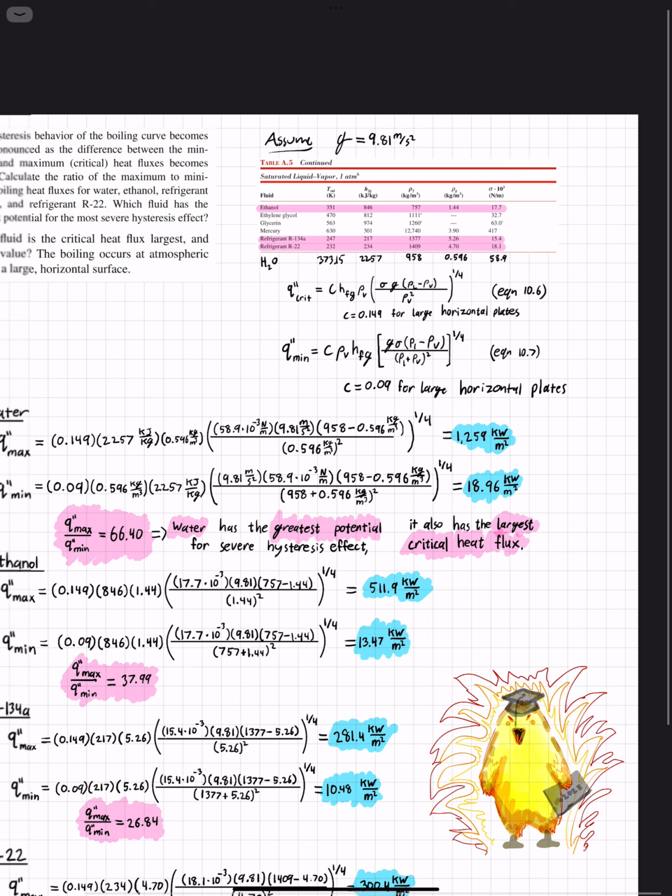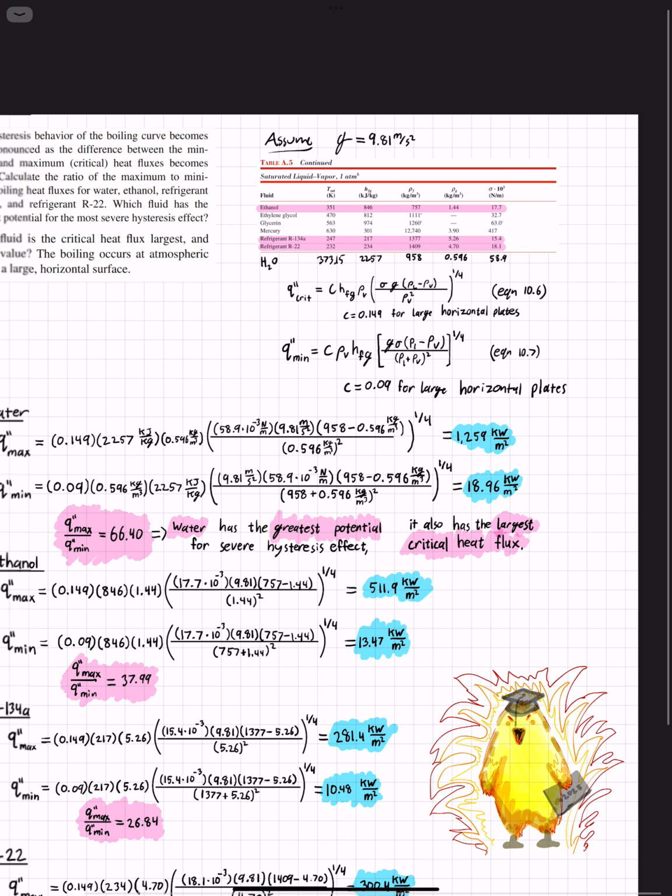We then multiply that by 58.9 times 10 to the negative 3, which is the sigma for water, times 9.81, that's gravity, times 958 minus 0.596 kilogram per cubic meter, the density of the fluid minus the density of the vapor, all over 0.596 kilogram per cubic meter squared, the density of the vapor squared. And then you put all that to the power of 1/4, and you get a Q max of 1,259 kilowatt per meter squared.